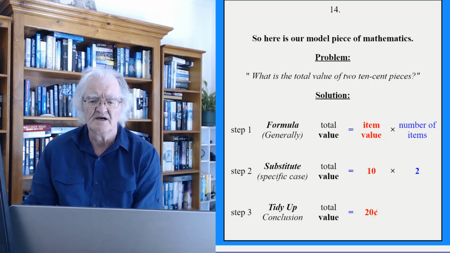Step 2 is substitute the information the question supplies. That makes this a specific case. Total value equals 10 times 2. Third step, tidy up. That gives us a conclusion. Total value equals 20 cents.